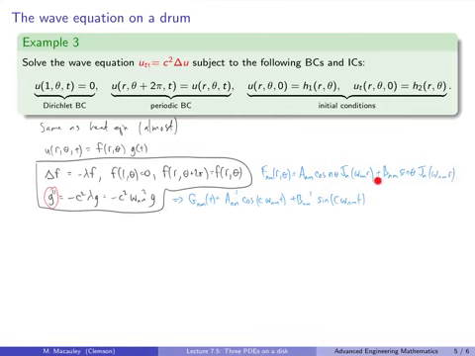So this is f and this is g. So for each n and m, we get a solution u nm of r, theta, t, which is a product of these things. So f nm of r, theta times g nm of t.